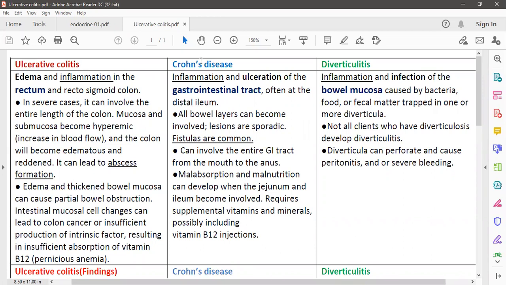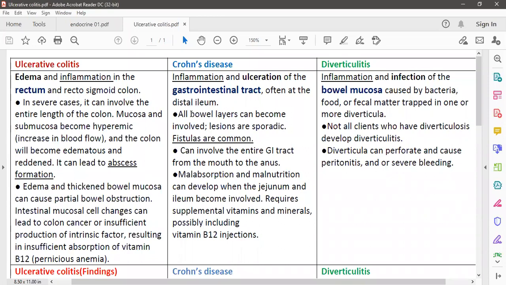What about Crohn disease? In Crohn disease, you see, there is also inflammation and ulcer development. Here the inflammation and edema also occur in the rectum or where the rectum meets the sigmoid. In the gastrointestinal tract, it is often at the distal ileum.